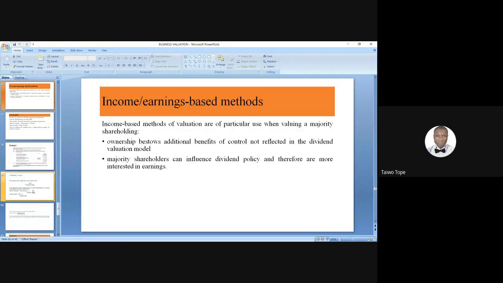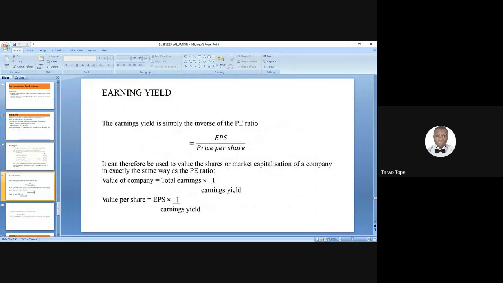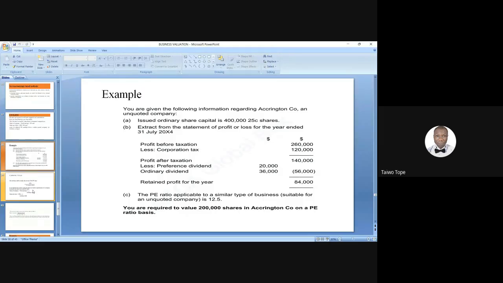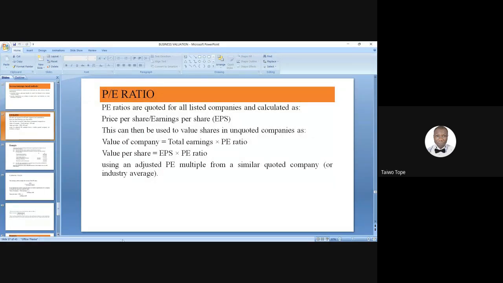This method values a business as the ratio of dividend to dividend yield.